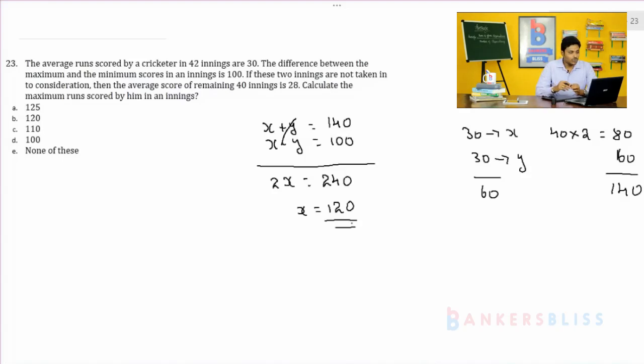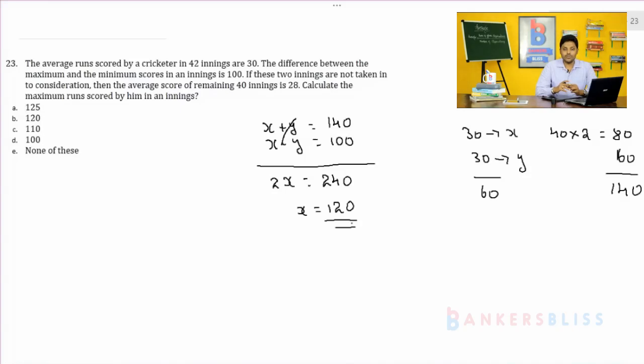So 40 innings, 2 each, 40 into 2, 80 is taken back, and x and y were having 30 each, altogether 60, so 80 plus 60, 140. So x plus y is equal to 140, and x minus y is 100. If you solve simultaneously, you will get the answer as 120. So option B is the right answer for problem number 23.